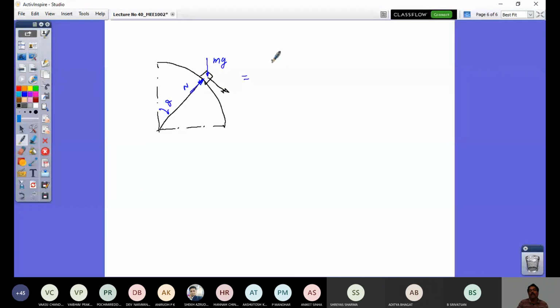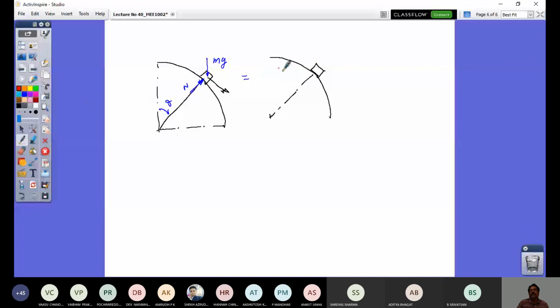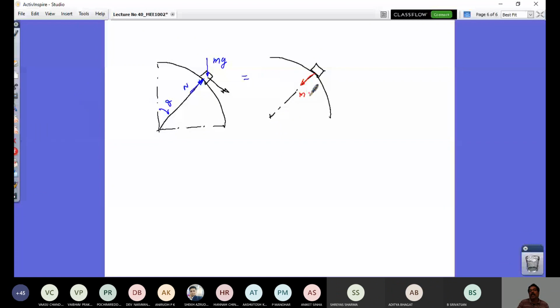If I put again this diagram, what is the effective force here? It is m a_N, and m a_T.